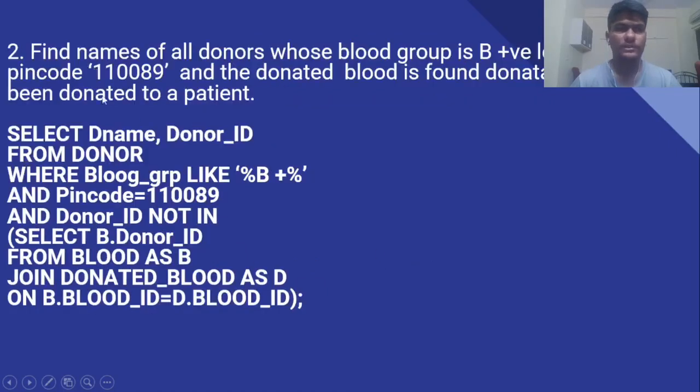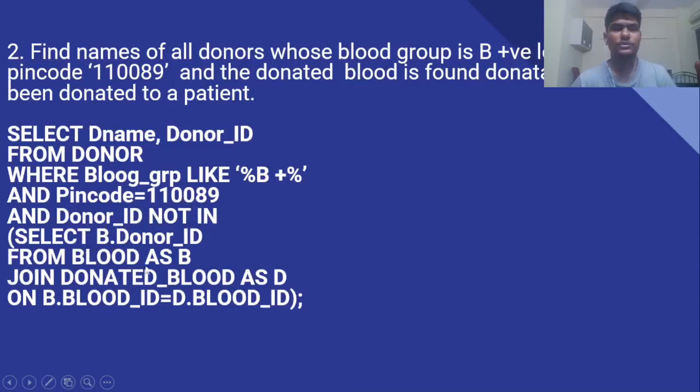The next query says find names of all donors whose blood group is B positive located in the PIN code 110089 and the donated blood is found donatable but has not been donated to a patient. In the select clause, donor's name, donor's ID from the donor table where blood group is of B positive type and the PIN code is 110089 and the donor is not in this relation.